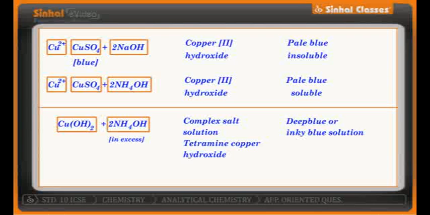Whereas if you take ammonium hydroxide and treat it with the same salt, copper sulfate, you will get pale blue color, but that pale blue copper hydroxide will be soluble in excess of ammonium hydroxide. You know it. You will get inky blue, that is tetraamine copper sulfate.